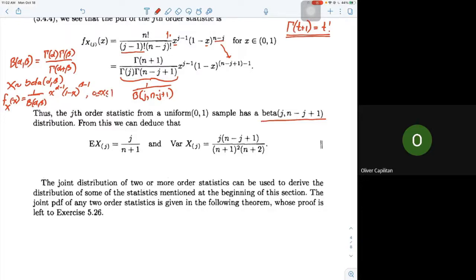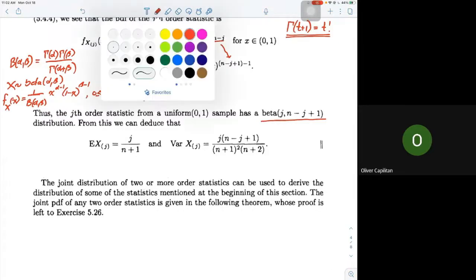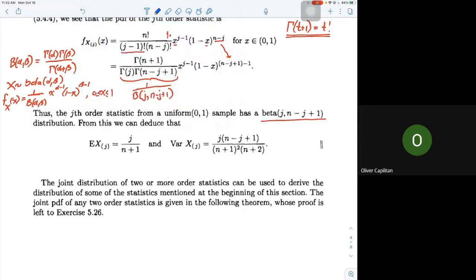So if you look here, based on this, we now have 1 minus beta, this part. You have this. So j is the alpha, this j here, that's the alpha. And our beta is n minus j.